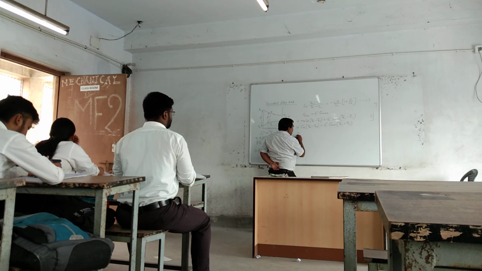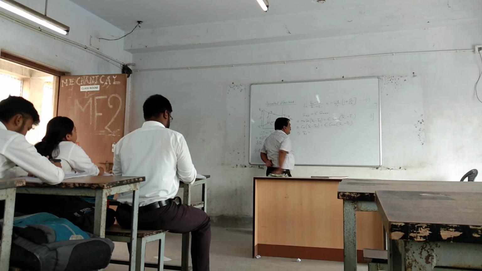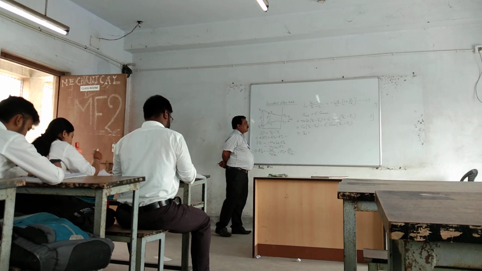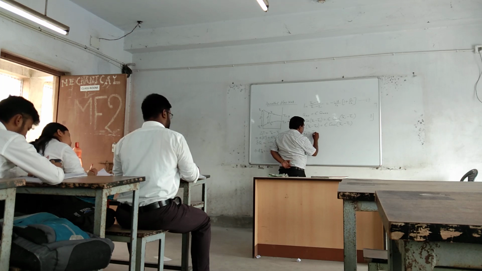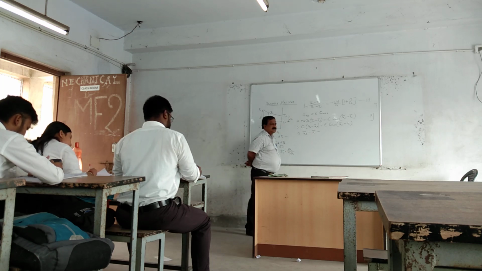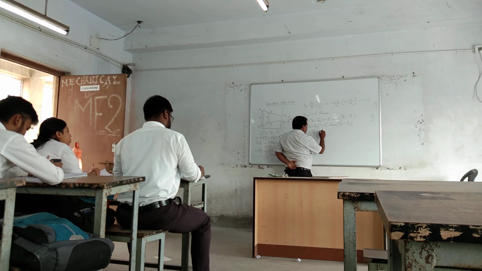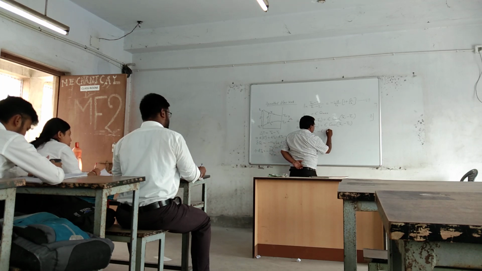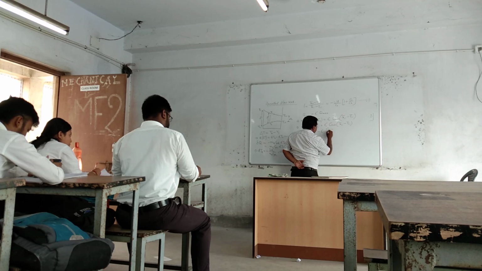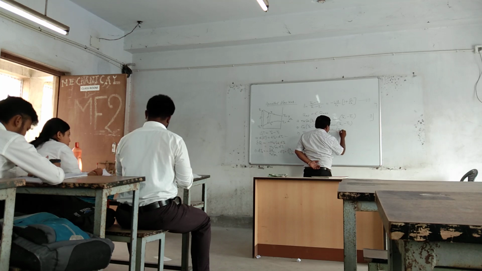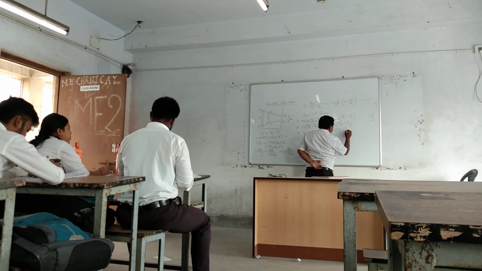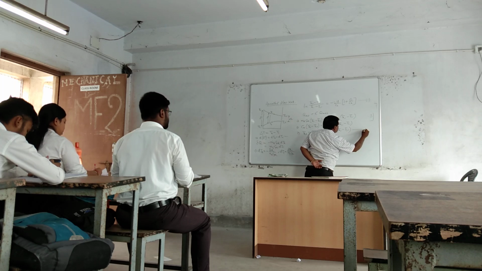From these we can find out the value of THO. What is THO? That is THI minus epsilon C minimum by CH into (THI minus TCI). Equation number 2.